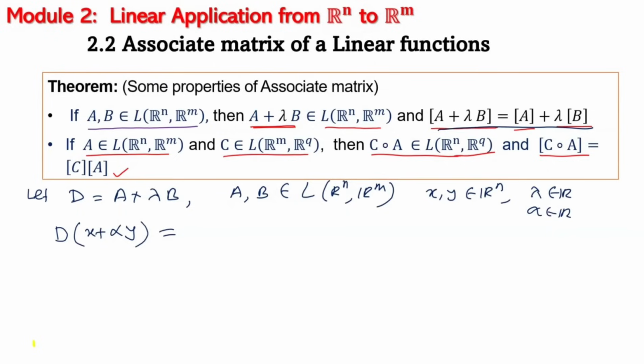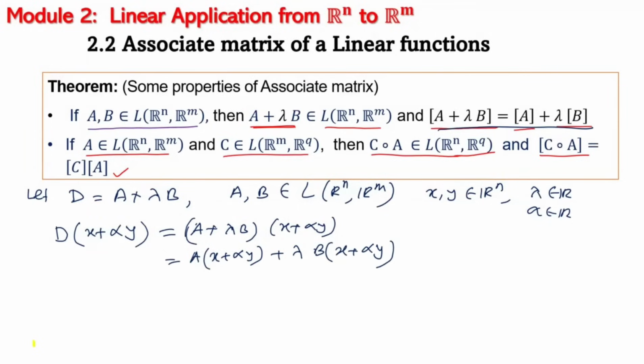So D(x plus alpha y) can be (A plus lambda B)(x plus alpha y). Therefore, since the definition of this linear combination says that we can separate them, A(x plus alpha y) plus lambda B(x plus alpha y).